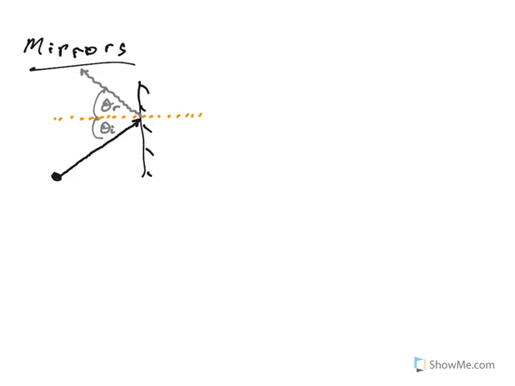Light ray comes in, it goes out at the same angle. Basic stuff. We're used to it. We see it all the time in our daily lives.